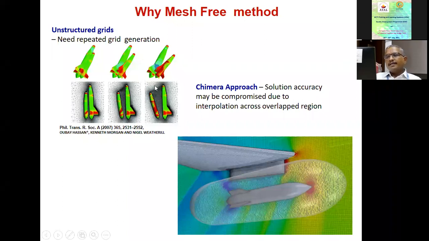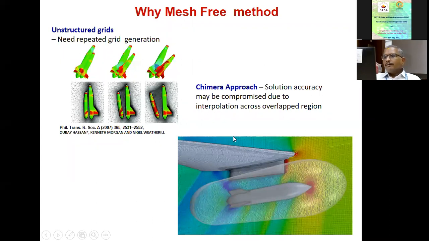In studying what happens when they separate out, to simulate these kinds of problems, you would have to generate grids at every instant. For example, this is an example of unsteady movement of the body. This would require one to generate grids at every stage of separation to know the flow field around this.